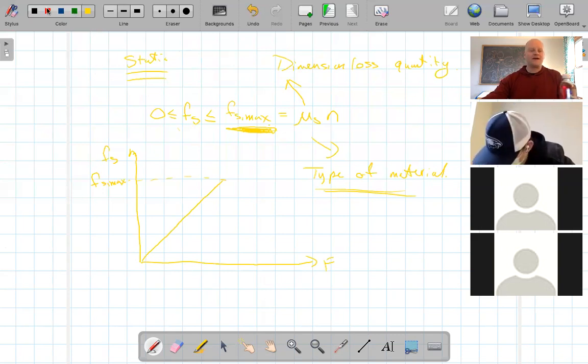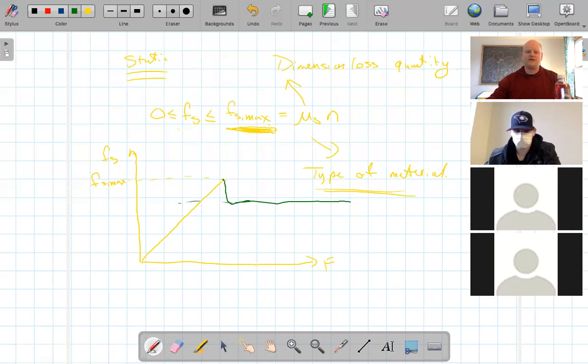Now, what happens from there is if I keep pushing and this thing starts to move, it will eventually kick over to kinetic friction. Once it kicks over to kinetic friction, it's then going to stay at a constant amount. This constant amount is what we call the kinetic friction. Kinetic friction is always a constant. It is simply equal to mu sub k, the coefficient of kinetic friction, times the normal force.